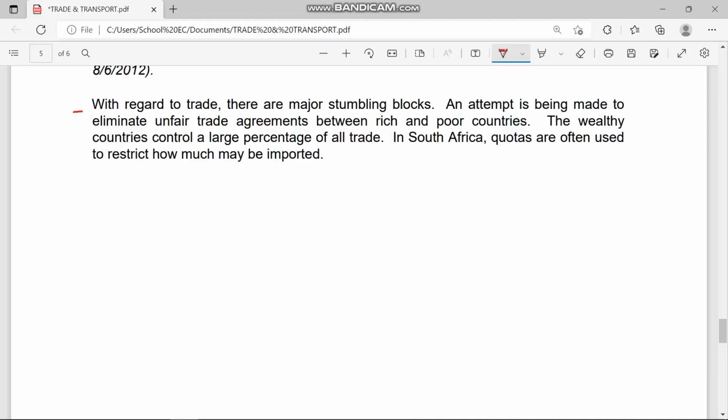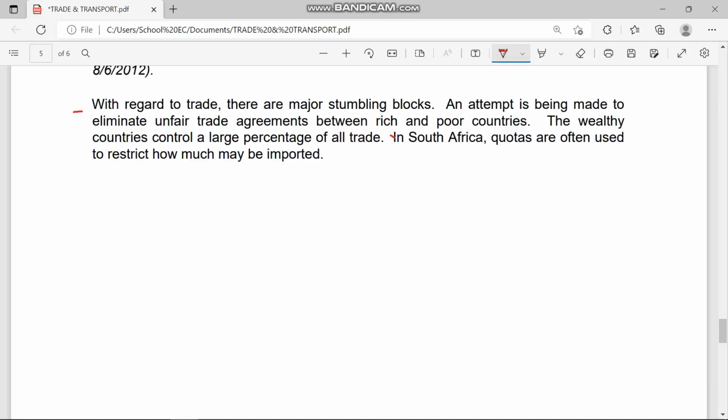So it's easy for them to import and export more goods, and control this higher percentage of trade. In South Africa, quotas are often used to restrict how much may be imported.